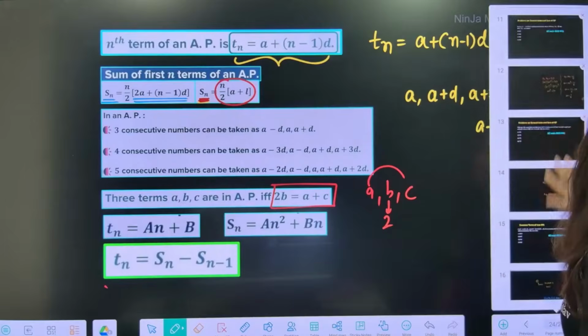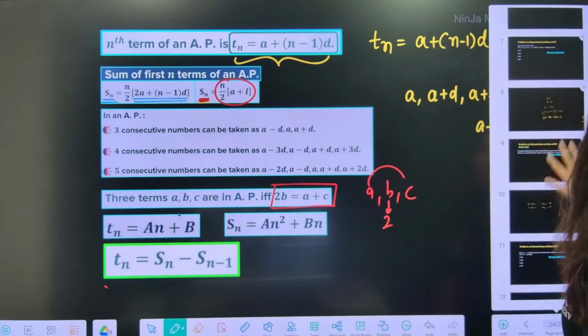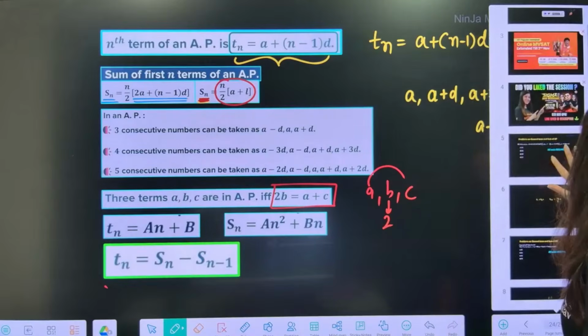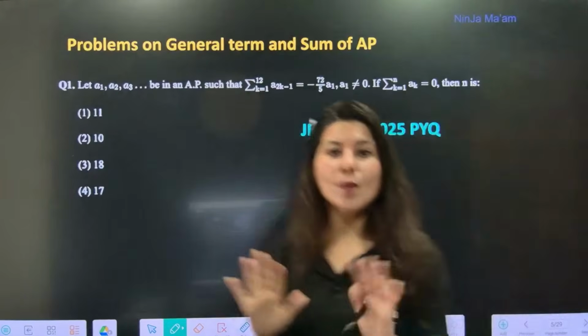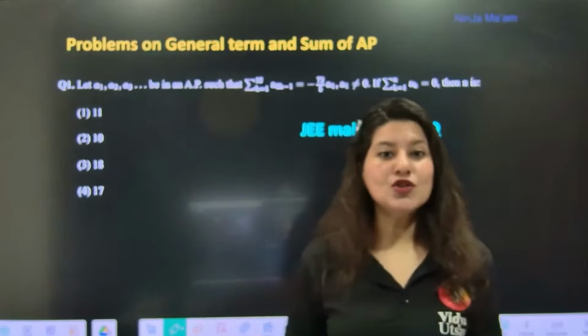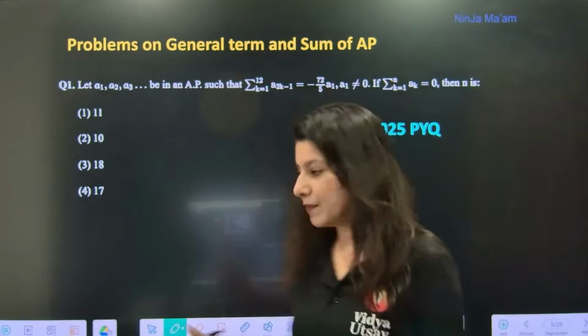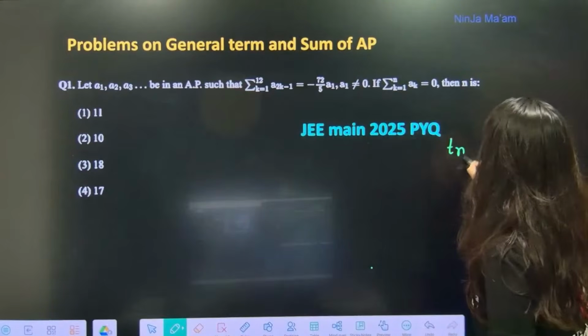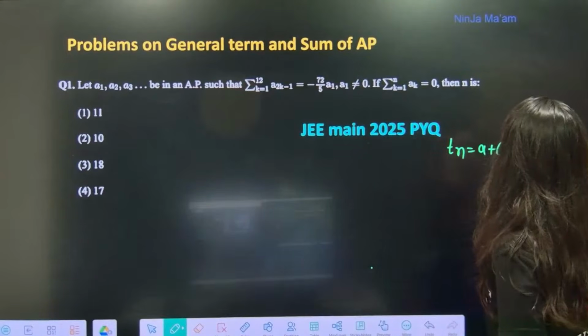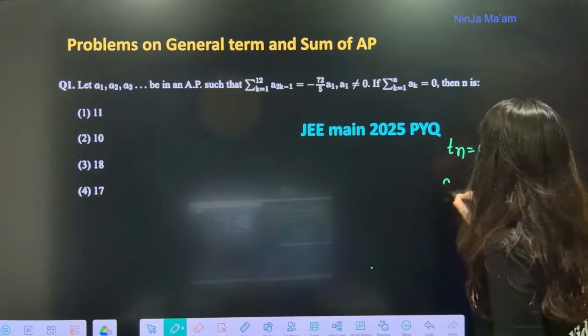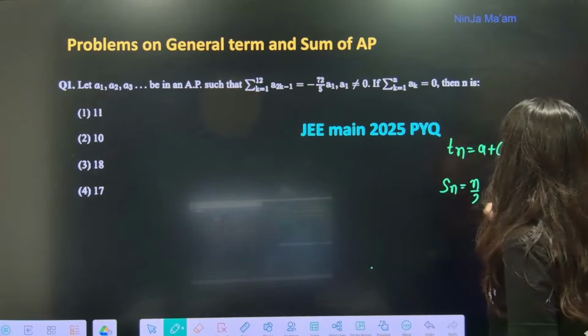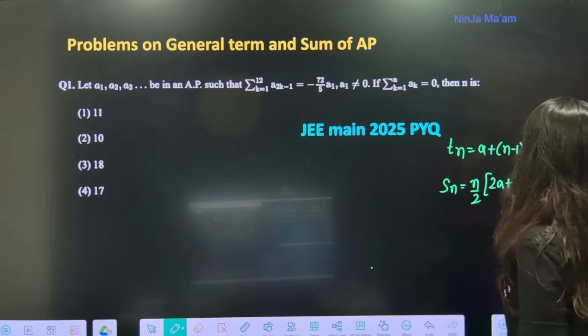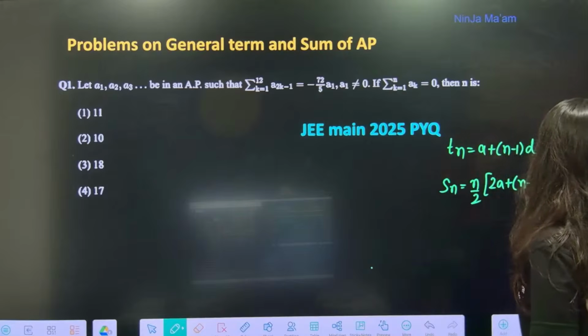Now pattern number 1, category number 1, sequence and series. In sequence and series, there are very common problems on the general term and sum of AP. Basically these two formulas: the general term, a plus n minus 1 d, and the sum of n terms, n by 2 times (2a plus n minus 1 d). Basic equation solving problems.